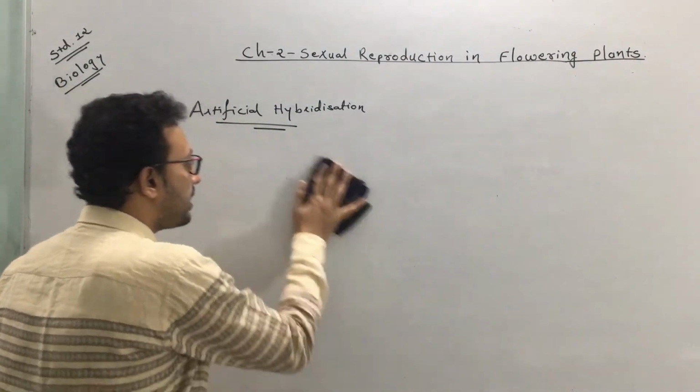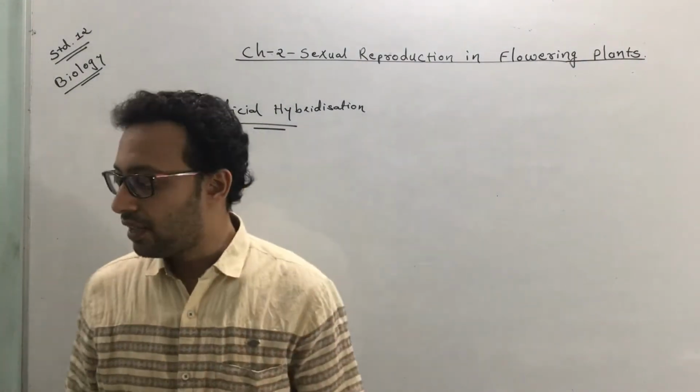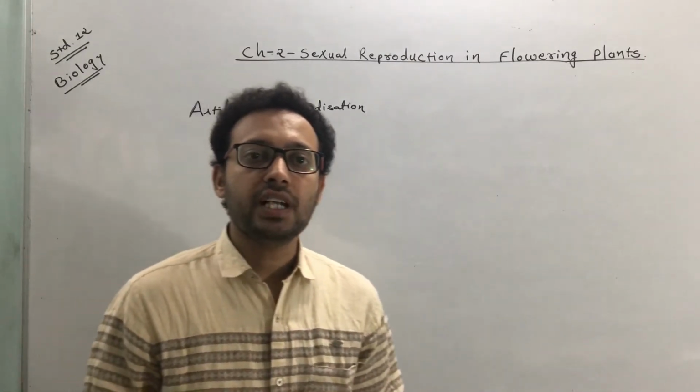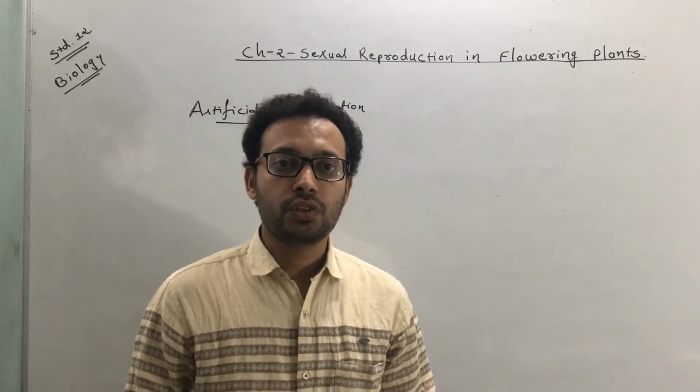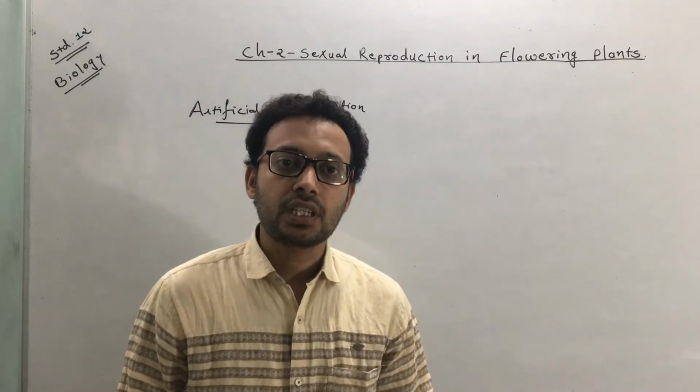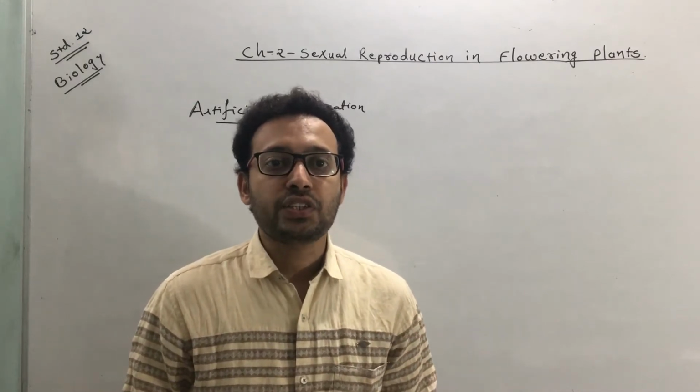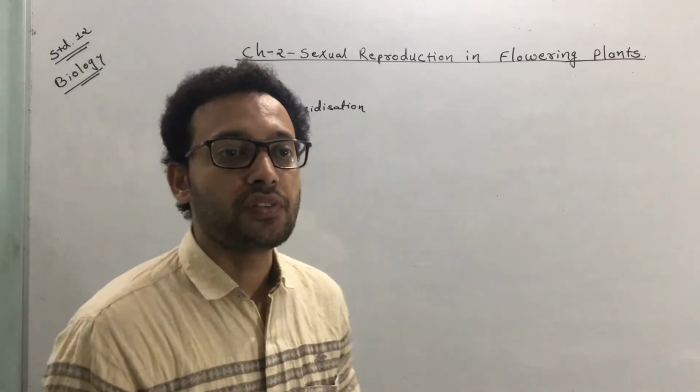So how does it occur in artificial hybridization? You know that there are two varieties of plant or flower. One is a bisexual flower and the second one is called a unisexual flower. Let us first discuss how we perform artificial hybridization in a bisexual flower.